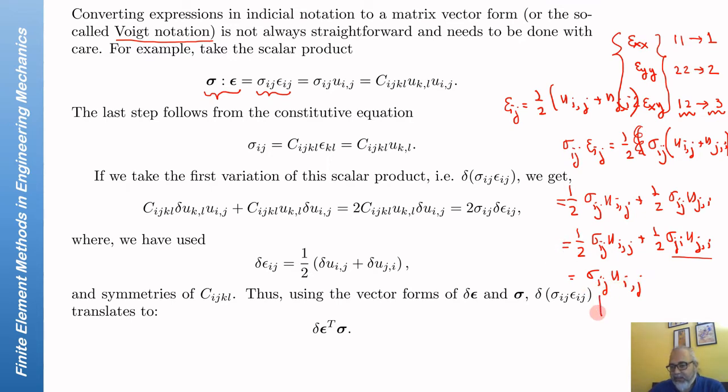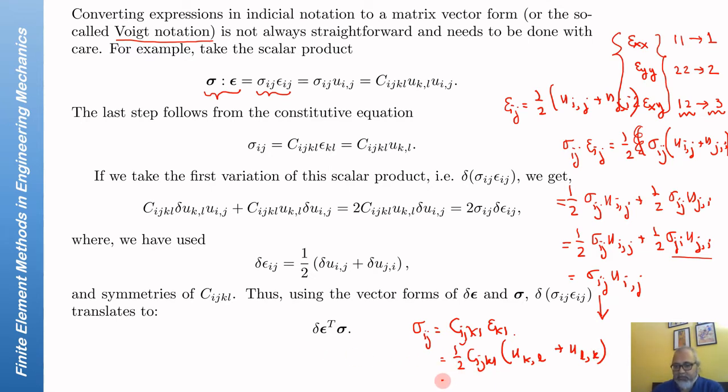Then I can write the constitutive equation, sigma ij equals C ijkl epsilon kl. Now I know that this is half C ijkl times u k comma l plus u l comma k. I can use the same argument here.